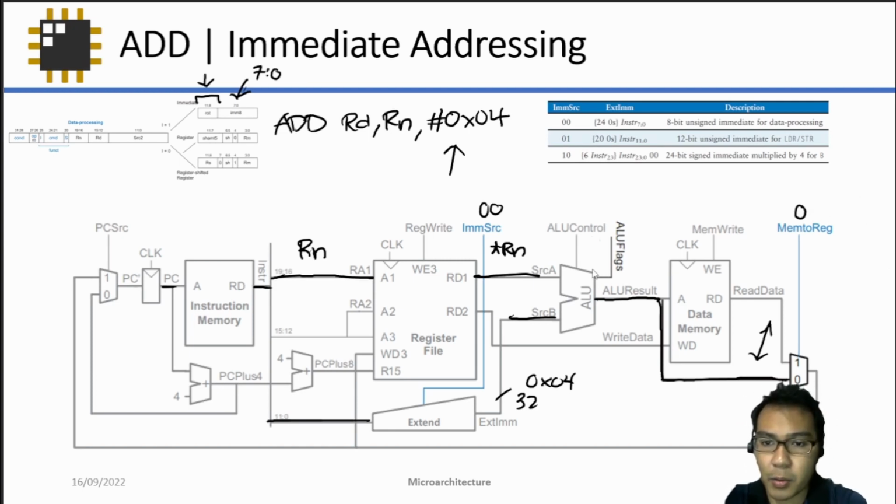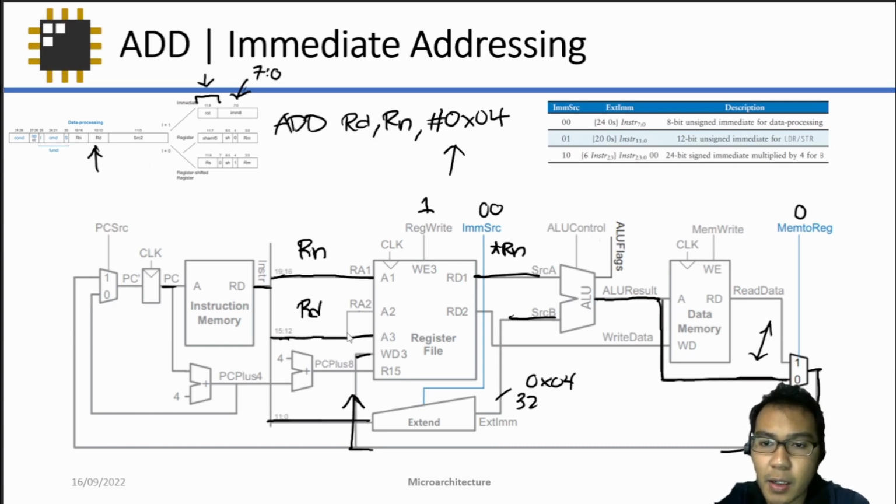So we're going to choose ALU result. That's why this control signal is 0, and it goes up into the register file into write data 3, and reg write is 1 because we want to write something. So what's the address that we want to write into? That's RD. RD is coming into here because that's 15 to 12, which is RD.